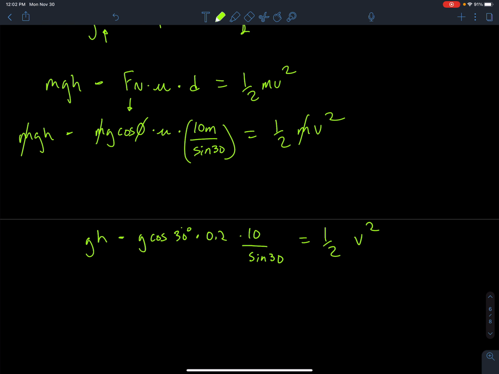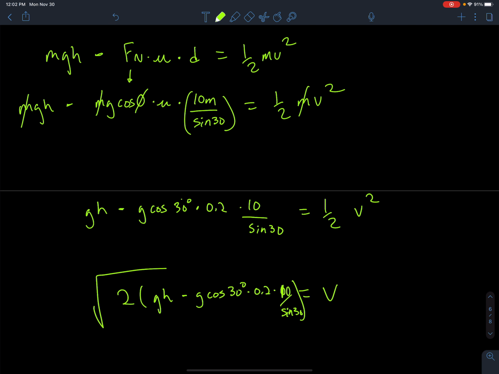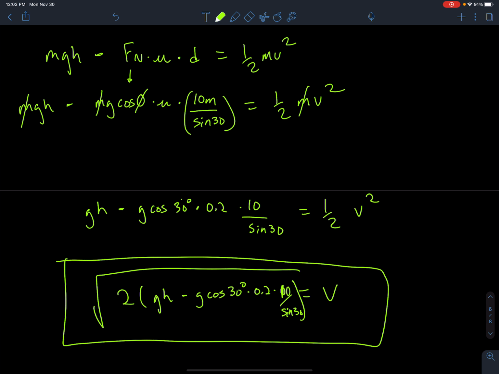So in the end, my velocity is going to be equal to the square root of 2 times gh minus g cos 30 degrees times 0.2 times 10 over sine 30. All right, and if I plug all that in, I will be able to calculate the final velocity of that object.